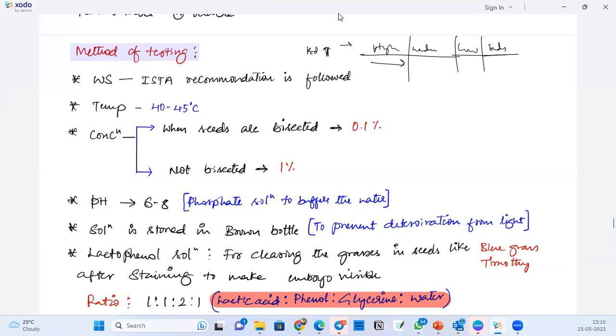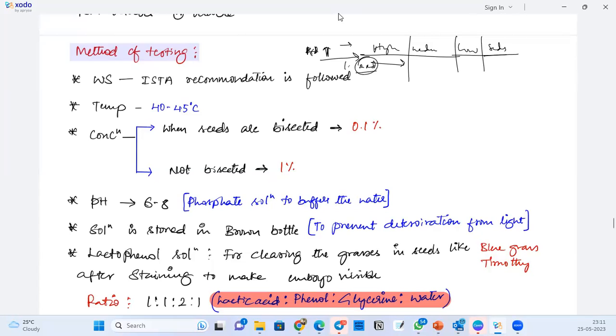If the color is dim or dull, it means that enzyme activity is less. If it is completely colorless, then obviously there is no activity. Based on that, we can classify the seeds, and highly vigorous seeds are those which have high intensity of the red color.